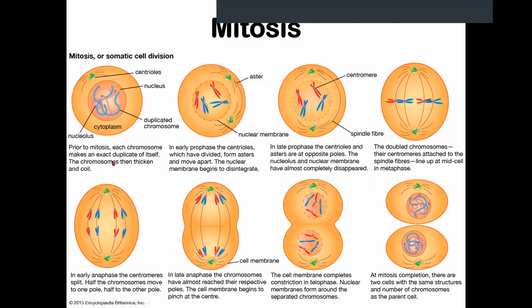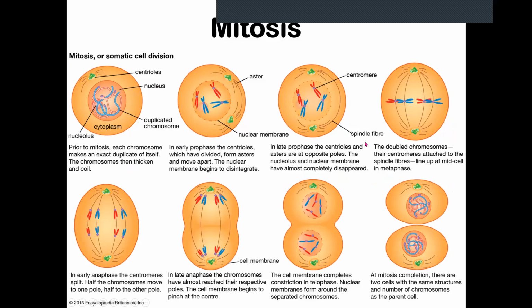And here's a much more complex process, but as you see, the nuclear membrane is broken down, you have the dotted line. The chromosomes shorten and divide. The centrioles, one goes to each end.